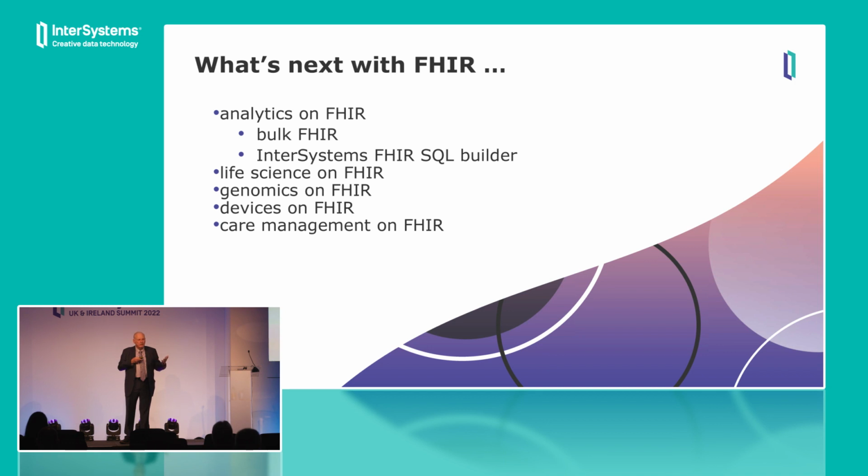InterSystems is a member of a project in HL7 called Vulcan, that is an externally funded project funded by the U.S. National Institutes of Health, several academic medical centers, and several pharmaceutical companies, to develop the capability to do clinical research, pharmaceutical trials, leveraging FHIR as the interoperability for those life science use cases.